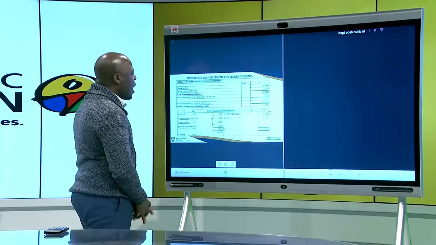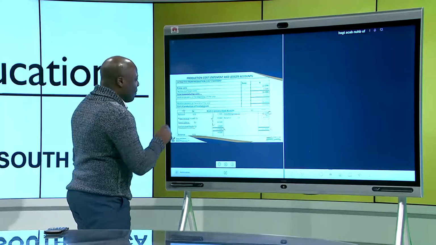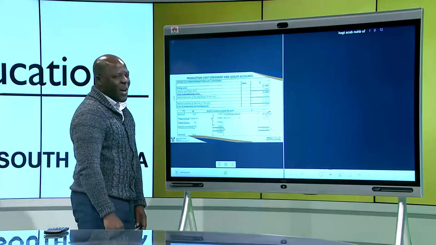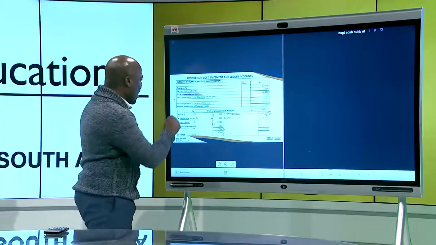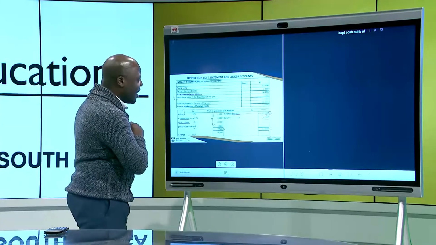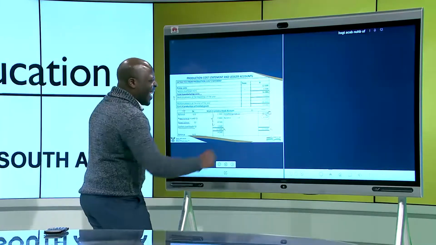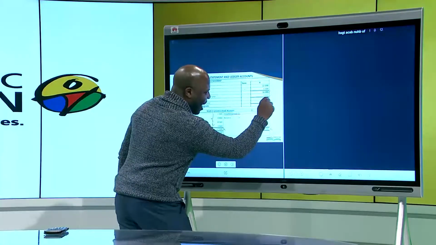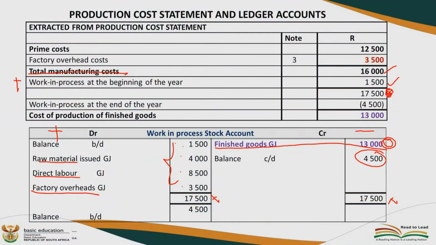Then we now say, always remember, to your total manufacturing cost, you add your work in process. So we added our work in process at the beginning, and which is 1.5 to give us how much now? 17.5. Very, very correct. Now, when we've added it, it gives us 17.5.